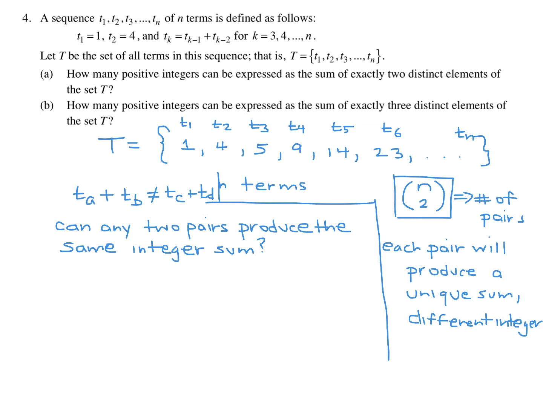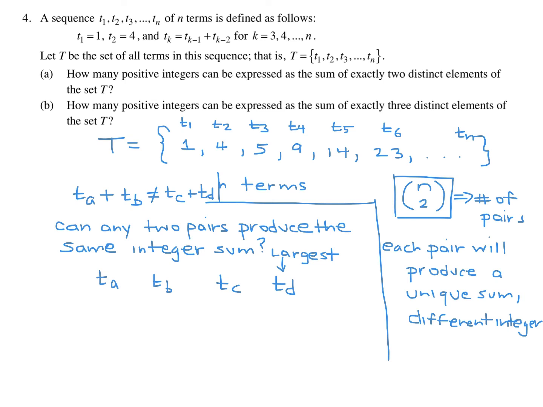All right, so here we go. I'm going to choose 4 terms: TA, TB, TC, and TD. And they're all distinct. They're all different. So none of these 4 are the same. And then you put them in order and say TD is the largest in terms of its numerical value.